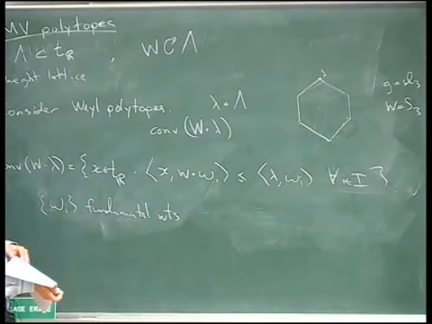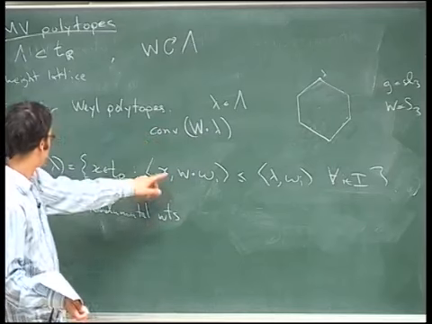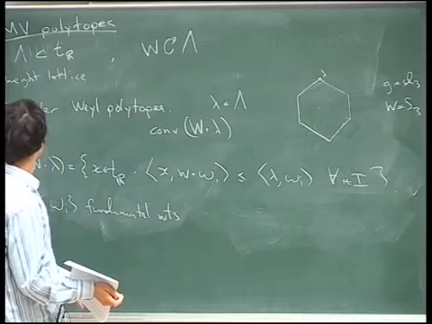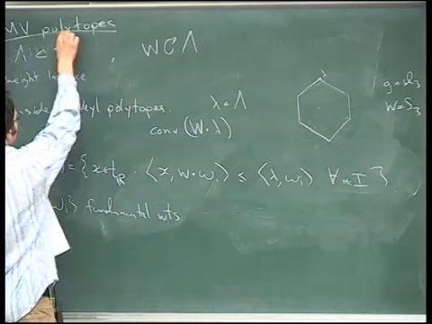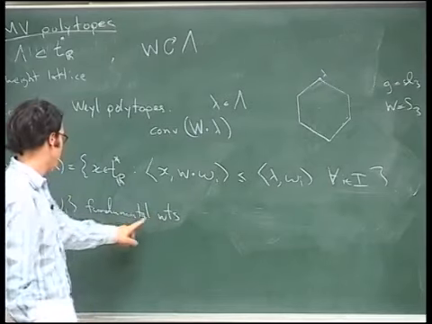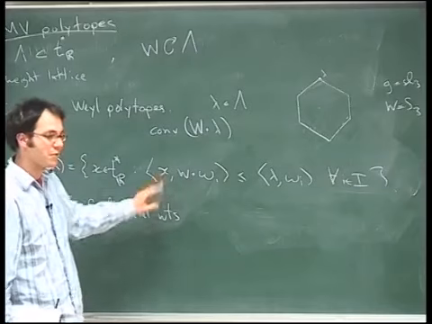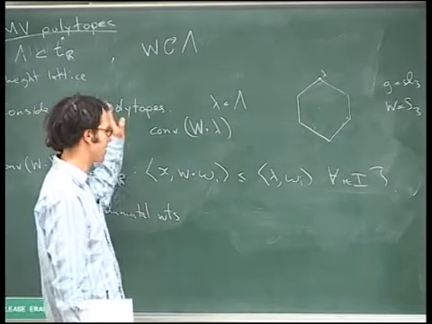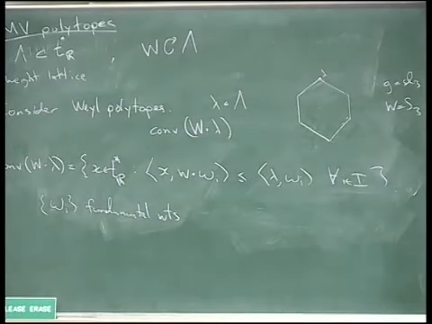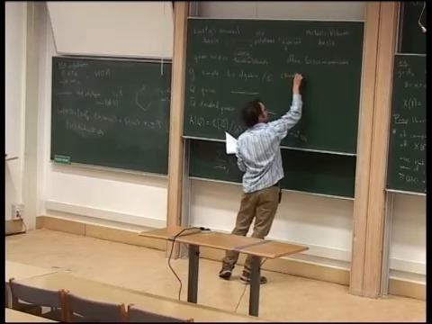I'm simplifying the notation a little. I guess this should be dual here. Maybe I should really work with fundamental co-weights, because these things are in the weight lattice. But let me just simplify and stick with weights, because we're in the simply laced case anyway. Maybe I should have said that somewhere at the beginning.